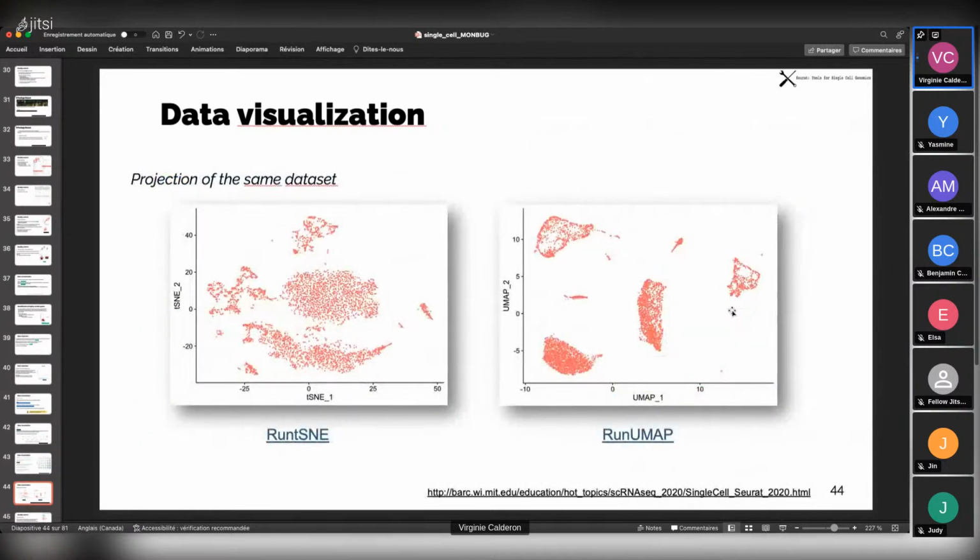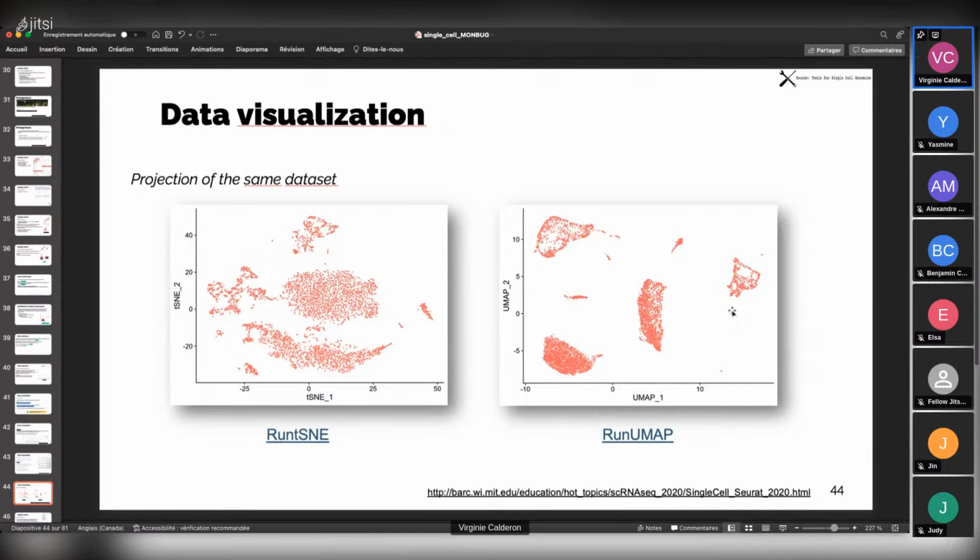So just to show you how you can have different projections. Here it's the same data set with the same quality control, same selection of variables, but we have performed two projections, t-SNE and UMAP.